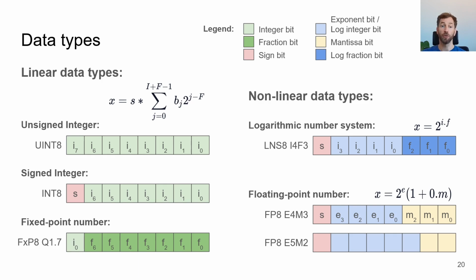Then there are also floating point numbers, a nonlinear data type, which is kind of a hybrid between a logarithmic data type and a fixed point number. So the exponent lives in logarithmic space and the mantissa in linear space. On this page, I depicted only 8-bit data types. And for FP8, I depicted two different configurations, one with 4 exponent and one with 5 exponent bits. But there are a lot more configurations used in AI.